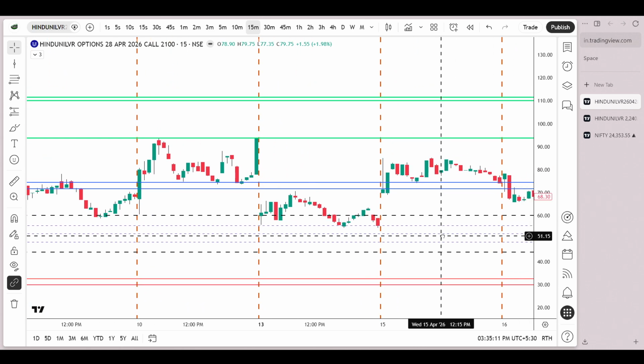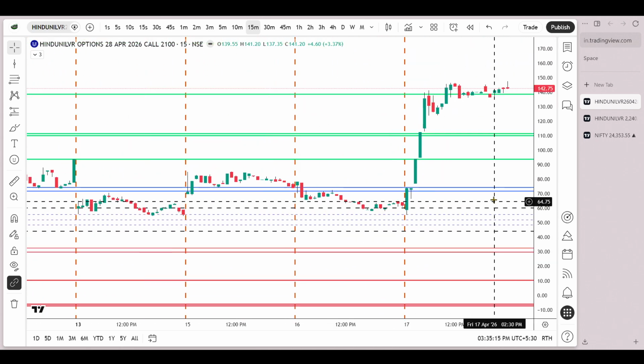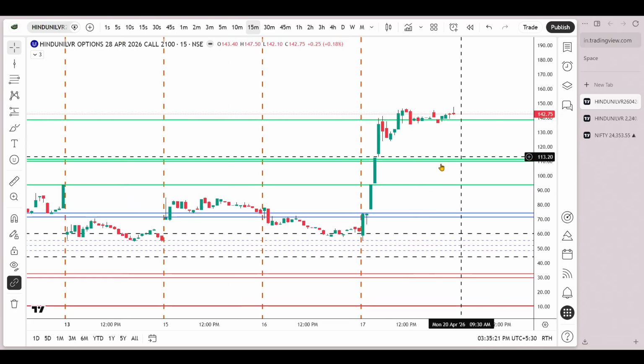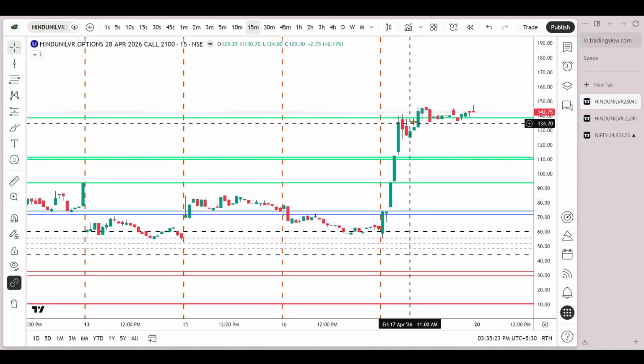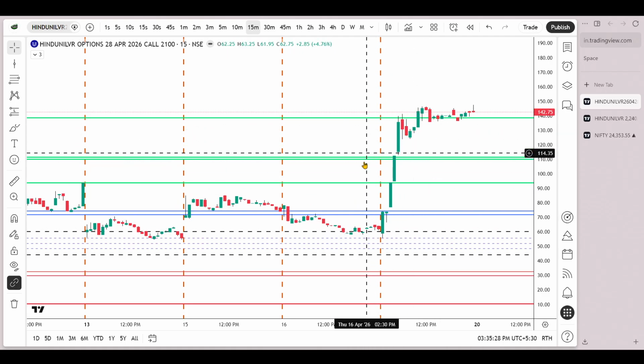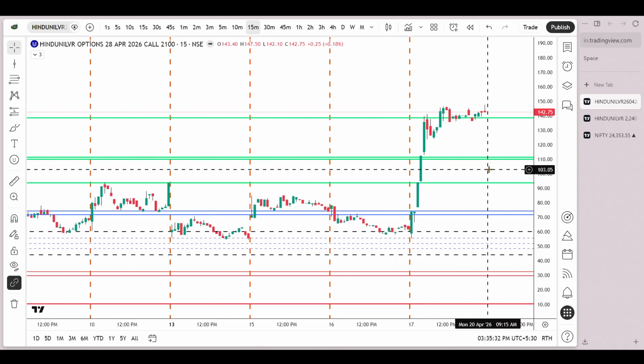Okay, let's wait again, we'll see. See, again your funds have doubled. This is a breakout, it went straight. See, no retracement, it went like mad. There you got 4%, here you got a double.